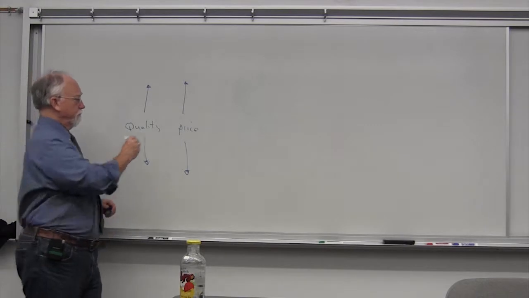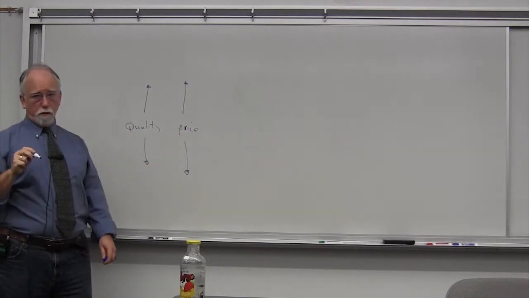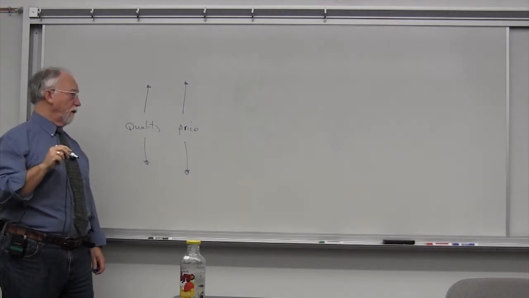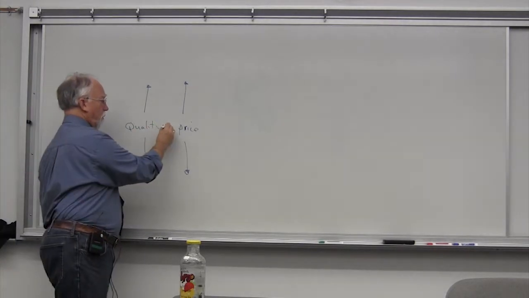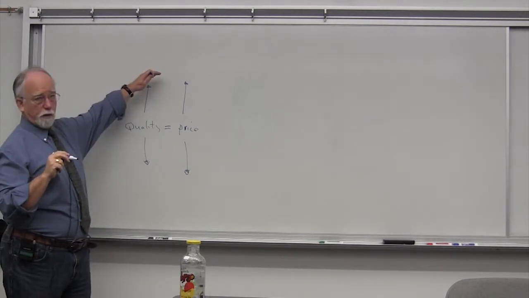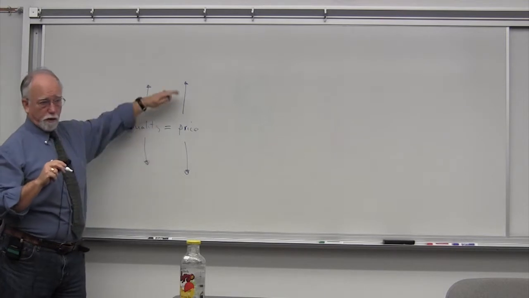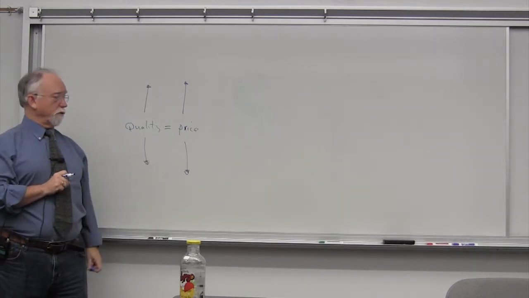Is this really true? Let's test this. We would like to do a survey or an activity now to test, does quality reflect price? So as the price goes up, the quality goes up. As the quality goes up, the price goes up. So is that the case or not?